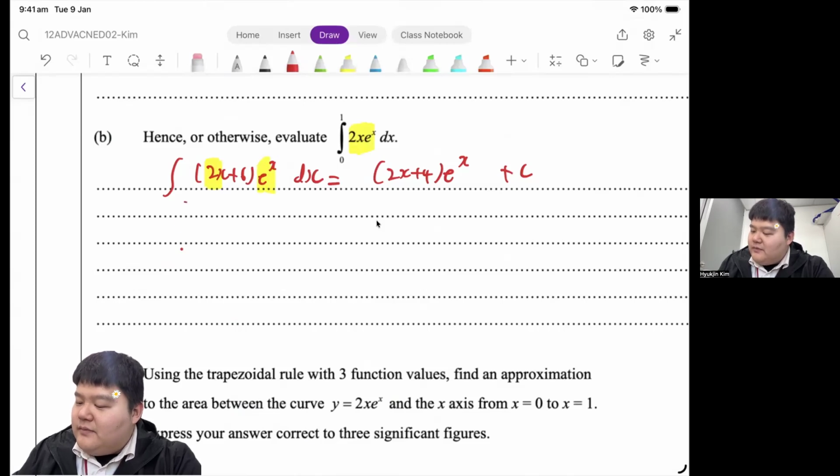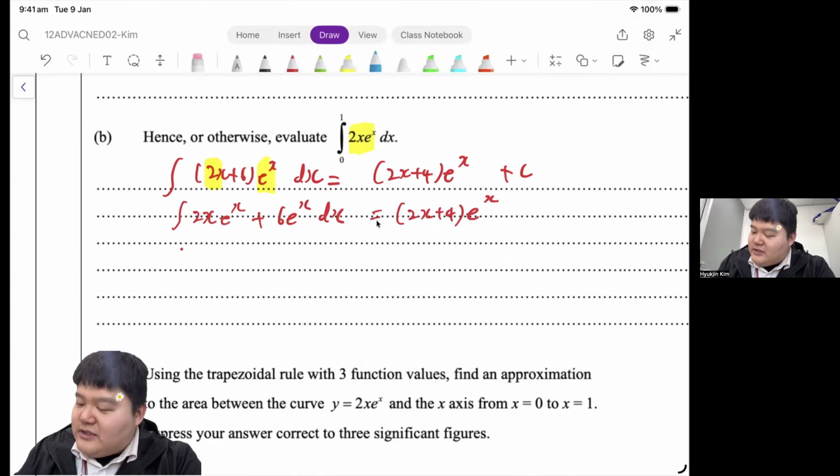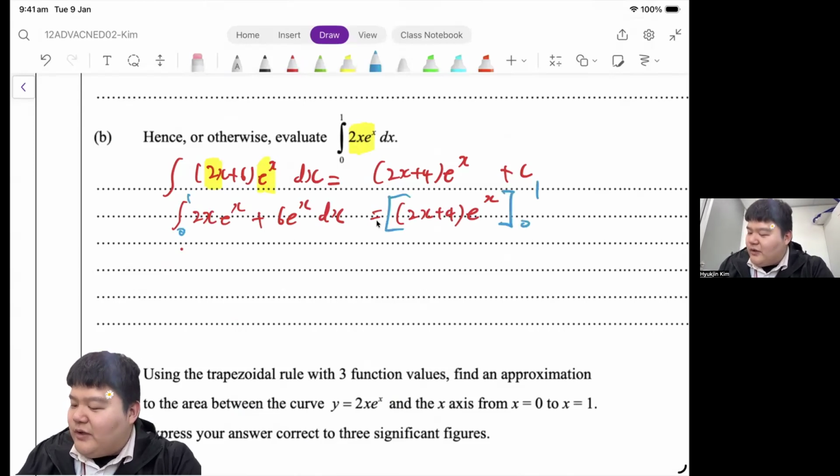So I get the integral of 2x e to the x plus 6 e to the x dx is whatever that is. I actually do recommend you write the whole thing out every time. But now I want to just sub in from 0 to 1. That means this does not have a plus c. I'm subbing 0 to 1. And I don't want this part. I actually don't care about this part.